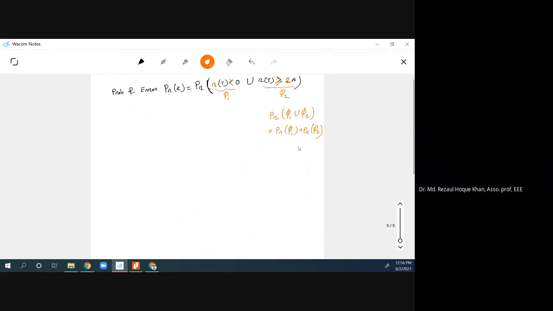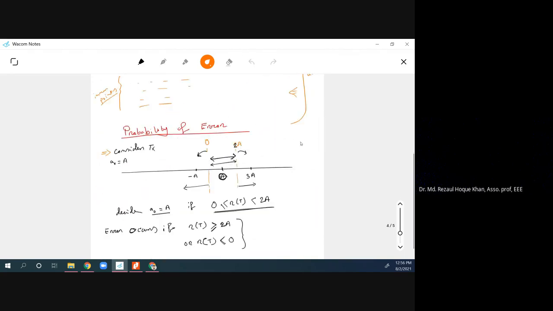It happens either way. Like when we transmit a signal, for example, we transmitted a signal A, either I receive the signal here, or I receive the signal here. We do not receive the signal in two places, right? Either we receive the signal in this region, or the signal is in that region, which means this condition is mutually exclusive.